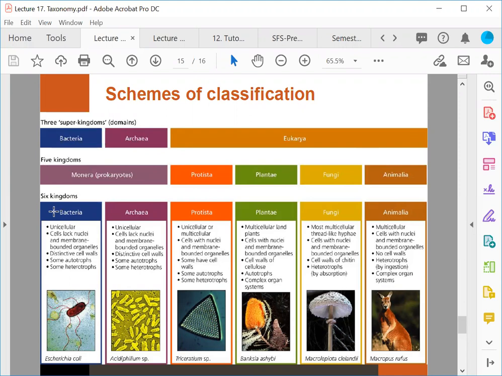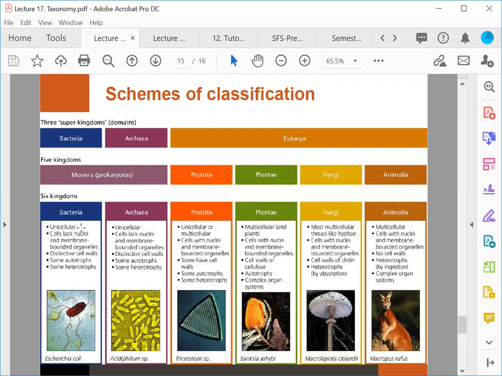But let's look at the 6 kingdom system. Prokaryotes are divided into kingdom Bacteria and Archaea. And we can see some of the important characteristics here, which determine which kingdom the organisms are placed into.